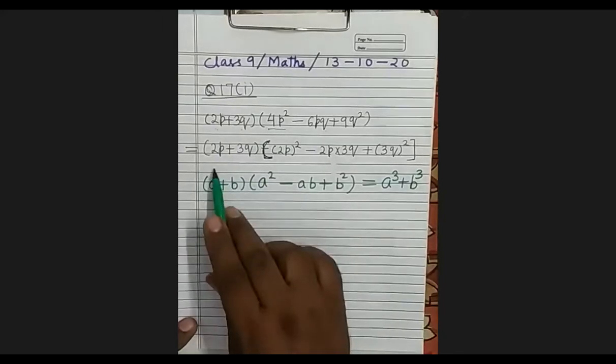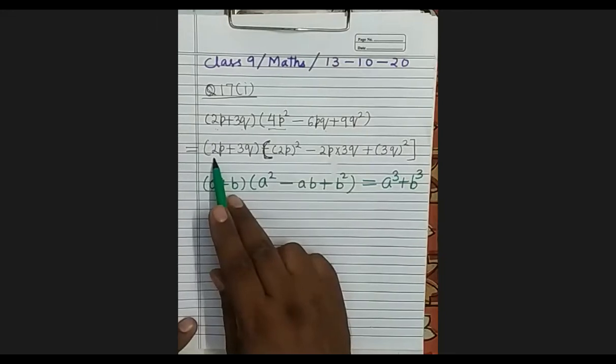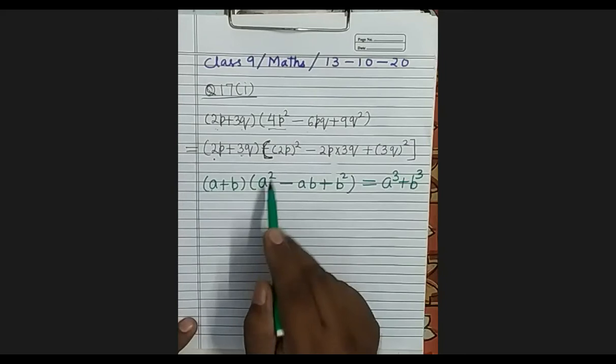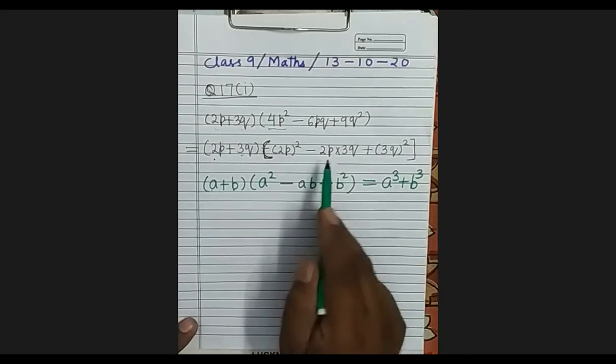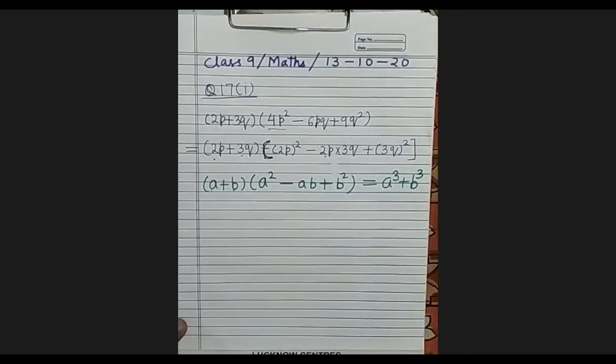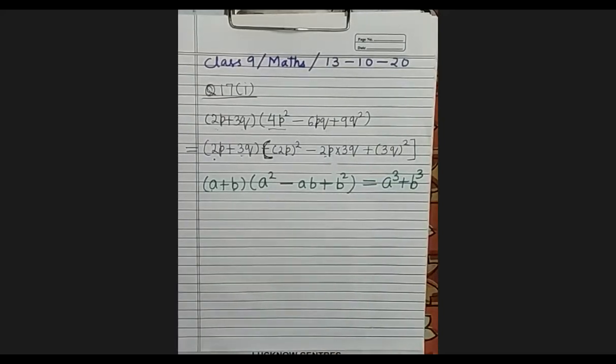It is exactly the same way. Here in place of a there is 2p, in place of b there is 3q. So it will become a square minus ab plus b square, which is equal to a cube plus b cube. What is in place of a? In place of a, we can see there is 2p, and in place of b there is 3q.